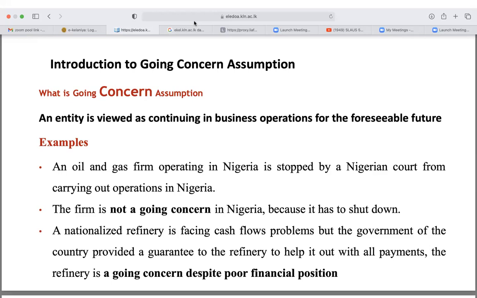There is a going concern issue in your life. The same example is applicable for entities. If the entity's continuing business operation for the foreseeable future is doubtful, then there is a going concern issue.